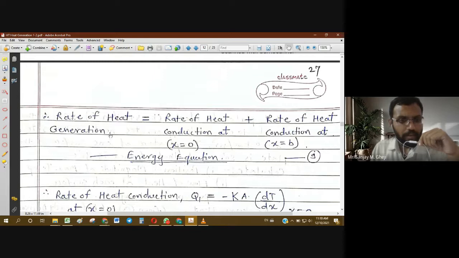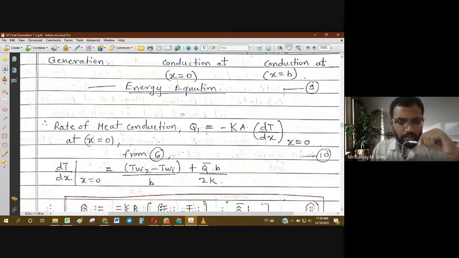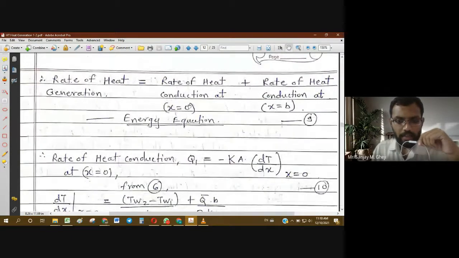Internal heat generation occurs at this rate, and this is going to be distributed via conduction on one face and the other face. So this will be given by addition of the two. Let us say this is the q1 component and this is the q2 component. So q1 plus q2 equal to total rate of heat generation.